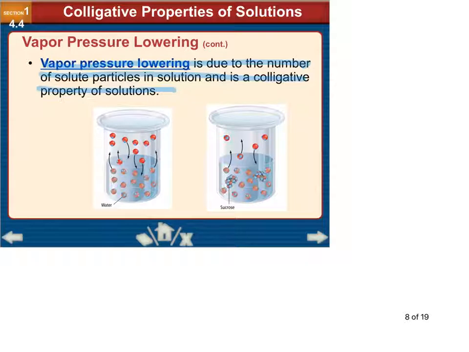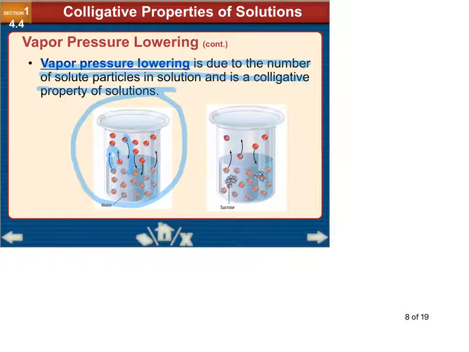So if we have, illustrated here, a closed beaker, you've got water molecules coming out into the vapor state, and you've got some in the vapor state going back. As it's a closed container, this will reach an equilibrium. As much comes out as goes in.